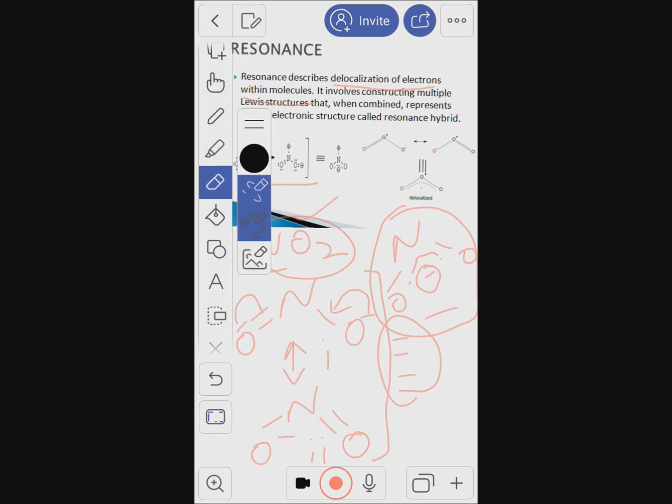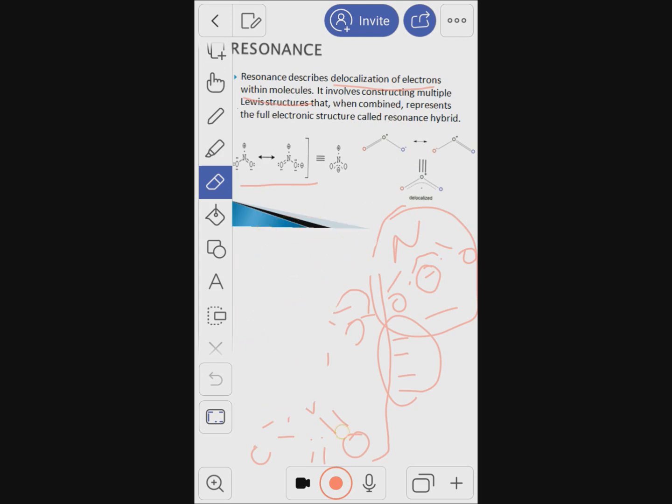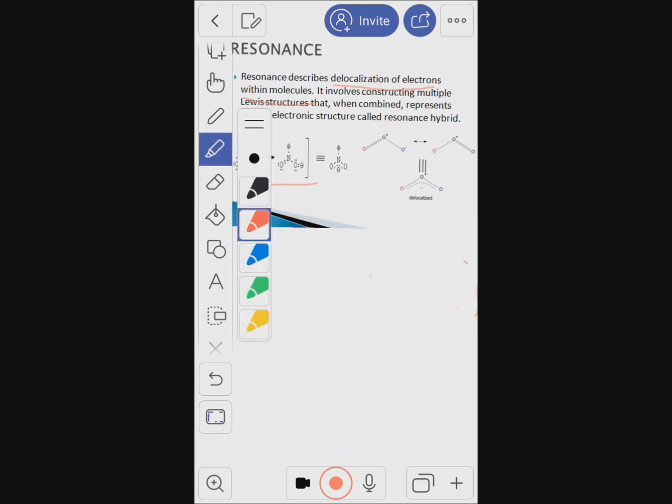Next example is ozone, in which 3 oxygen atoms are attached with each other, like in this structure, one oxygen with double bond O and other with single bond O, and it carries minus charge, and here it carries plus charge because oxygen forms only 2 bonds, but in case of ozone it forms 3 bonds.